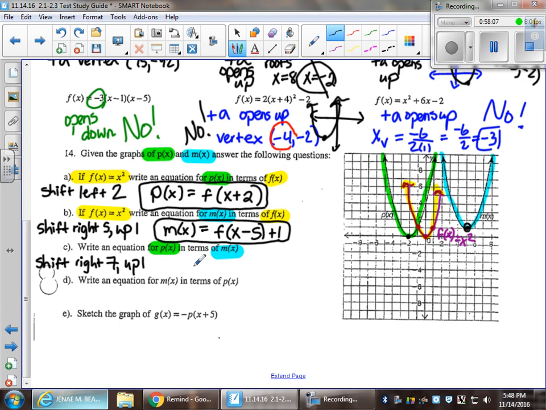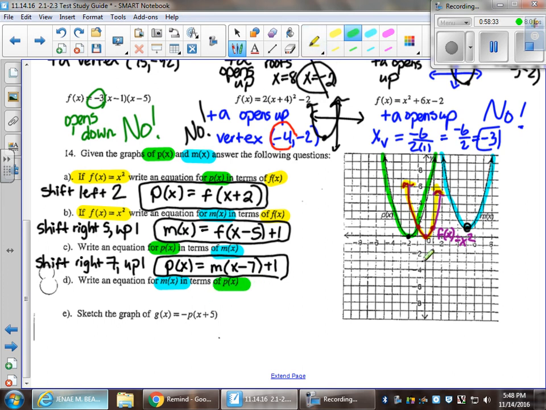So it's going to look a lot like this one. Write an equation for p of x. So p of x equals, take m, shift it right 7, up 1, and we're done. D says, write an equation for m of x, which is blue for me, in terms of p of x, which is green.